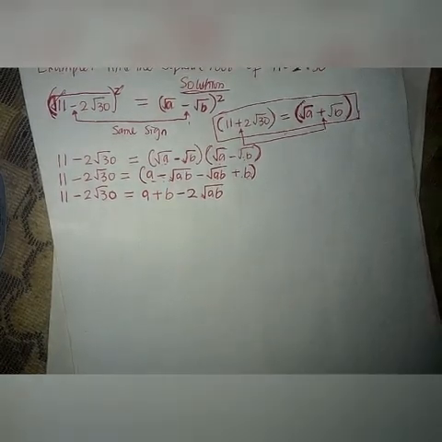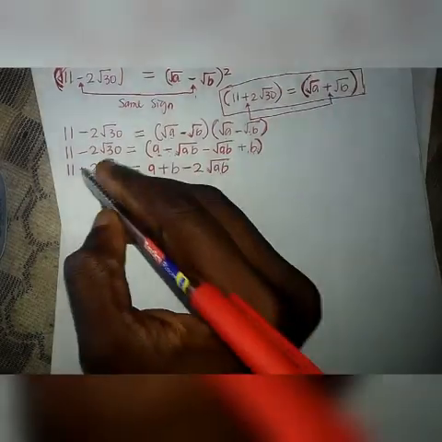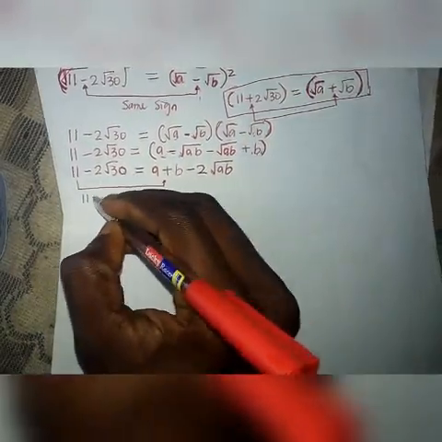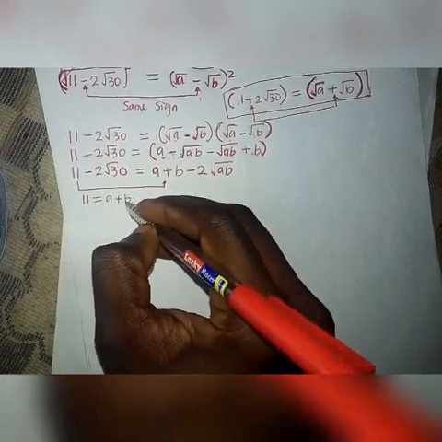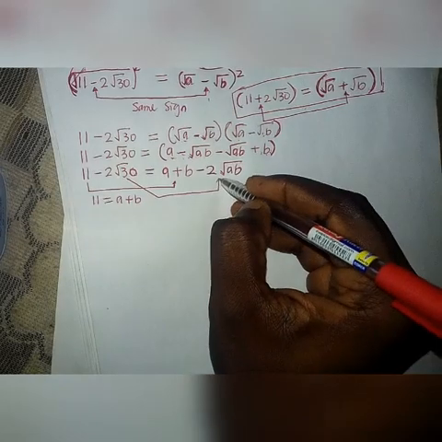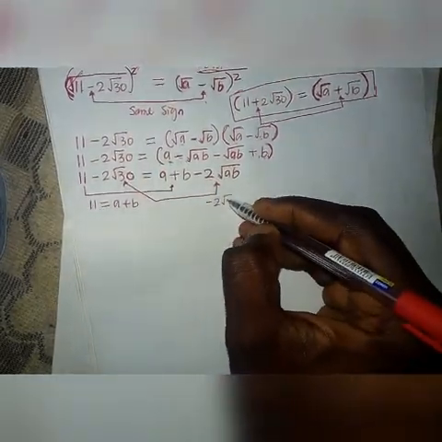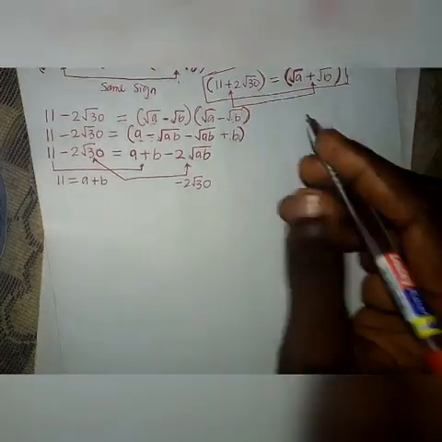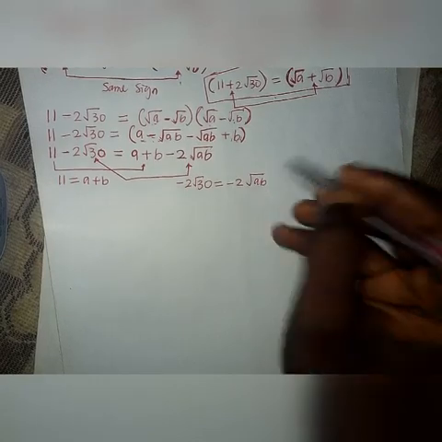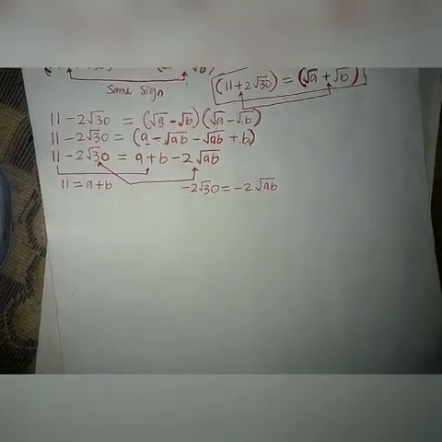We now compare this with this: 11 is equal to A plus B. And comparing the other parts, minus 2 surd 30 is equal to minus 2 surd AB. Hope you are getting it. It's very, very simple.